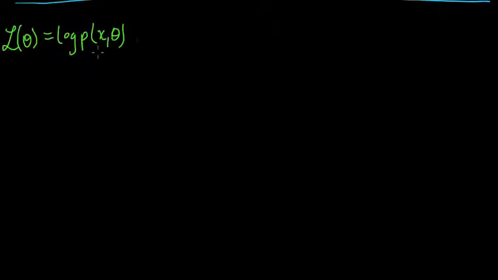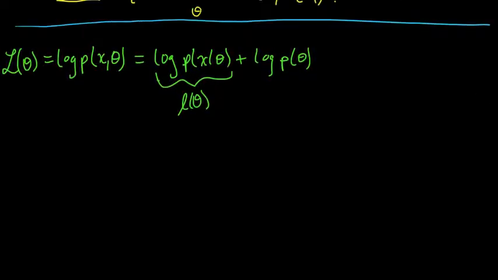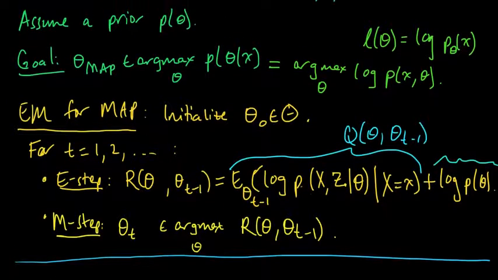Well, we can factor this as log p of x given theta, the natural thing to do here, plus the log of the prior. And this first part is just this little l of theta that we mentioned before, just writing p theta of x in a different way.